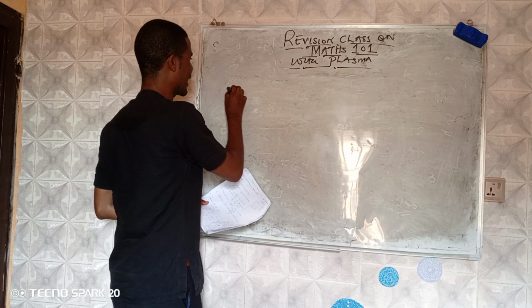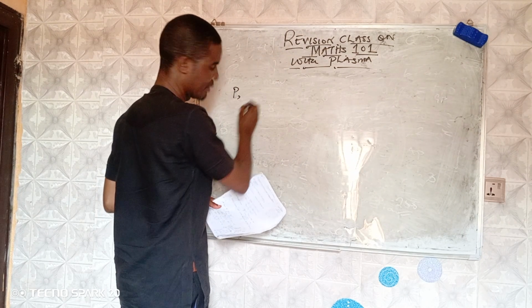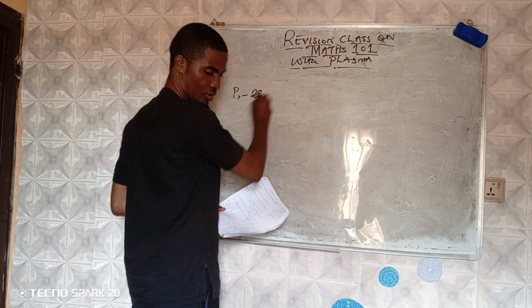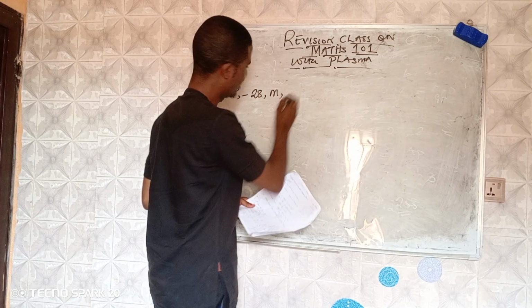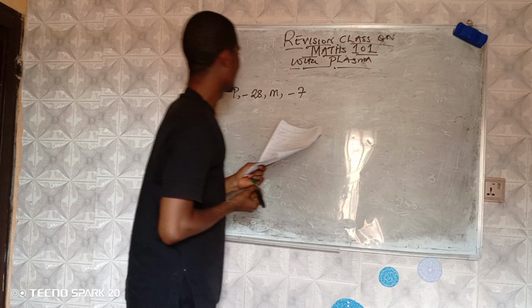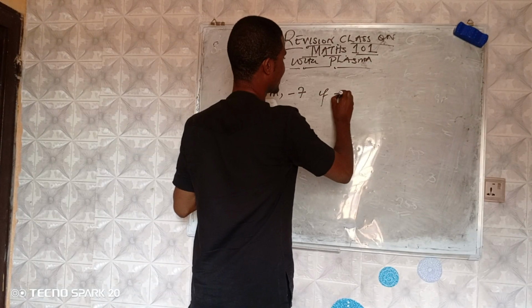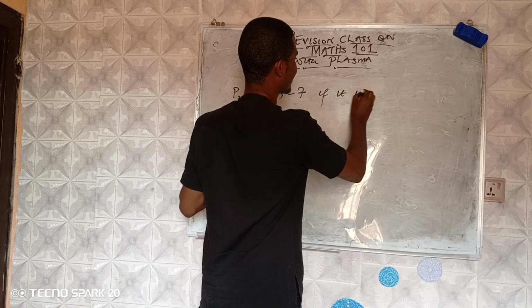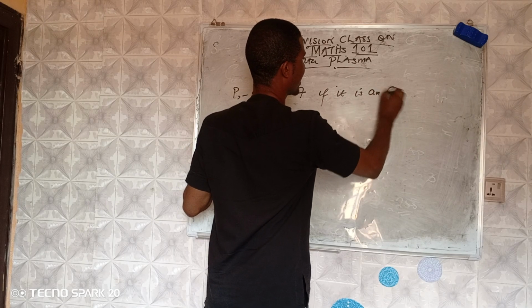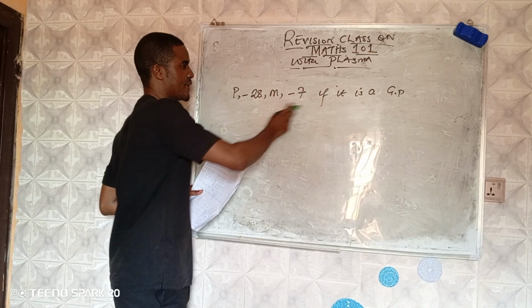Okay, look at this. I have P, comma, minus 28, comma, M, comma, minus 7. Then I'll say I should find the missing terms if this thing is GP.